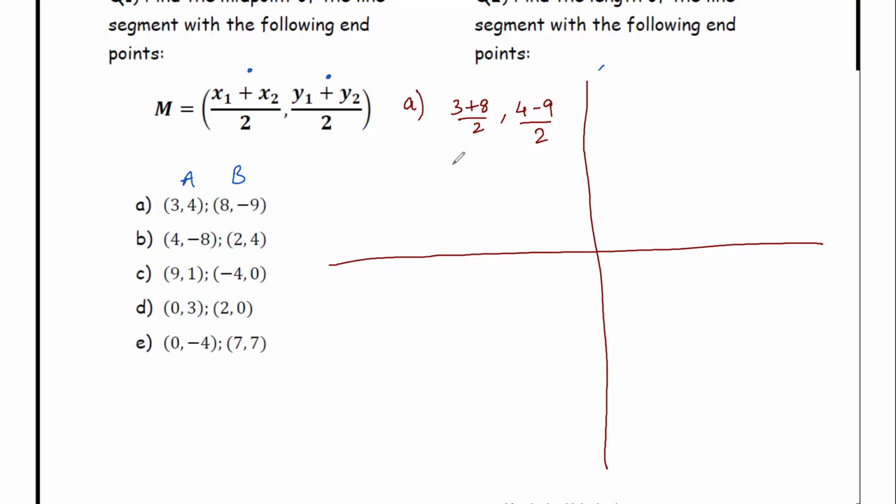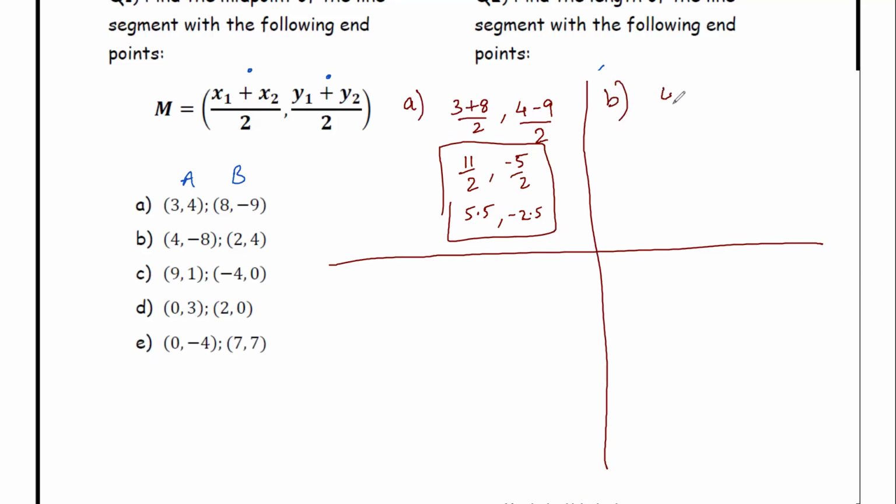Right, x1 plus x2 by 2, see the formula. So 11 by 2 and -5 by 2. So that's my midpoint of the question that they have put out here. Find the midpoint of the segment with following endpoints. So that's negative 2.5 and that's positive 5.5. That's your answer.